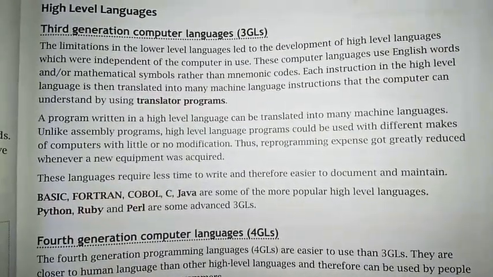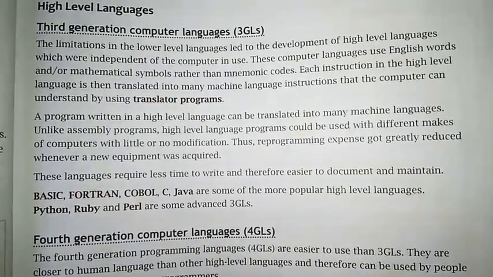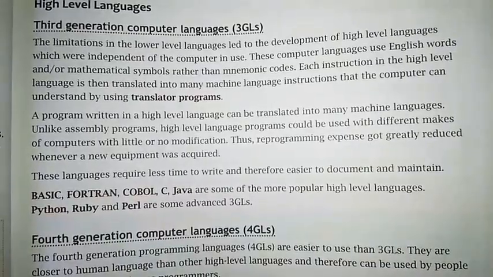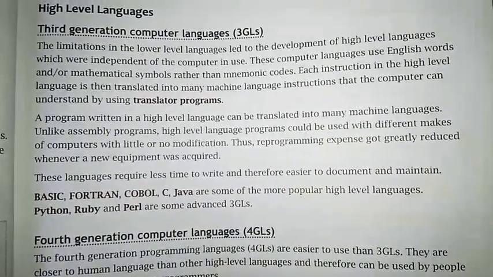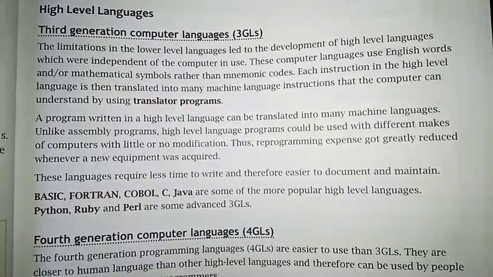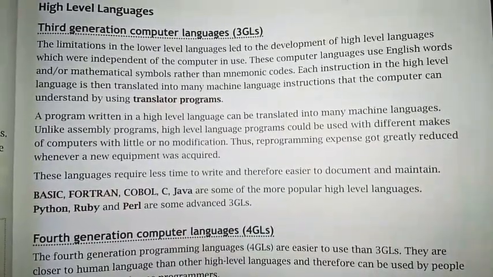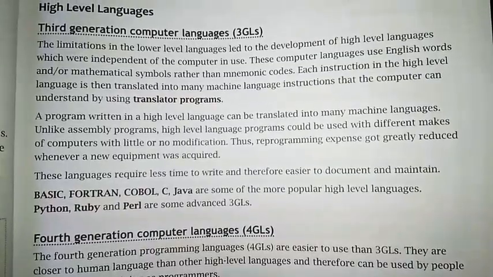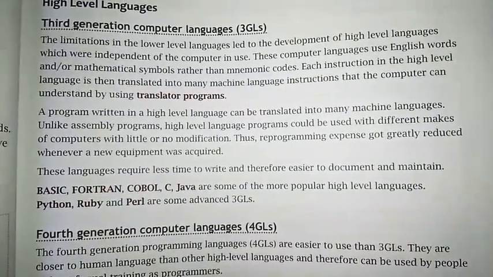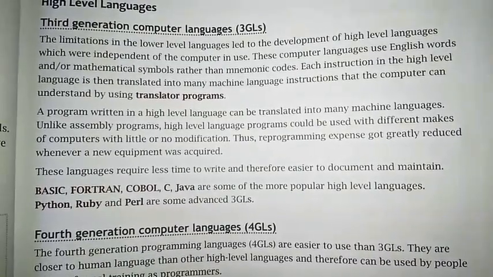A program written in a high level language can be translated into many machine languages. So students, a program which is written in computer language, which we can also say is high level language, is translated into machine languages, so the computer can understand the language properly.